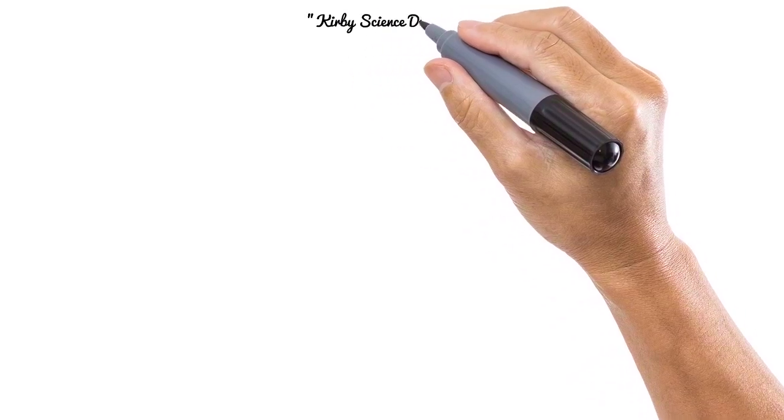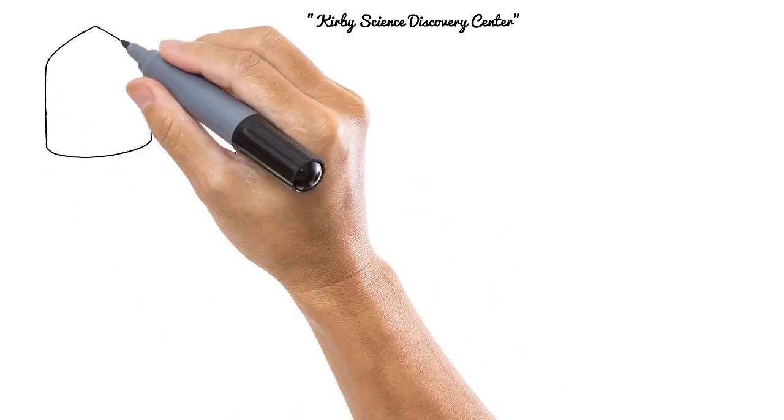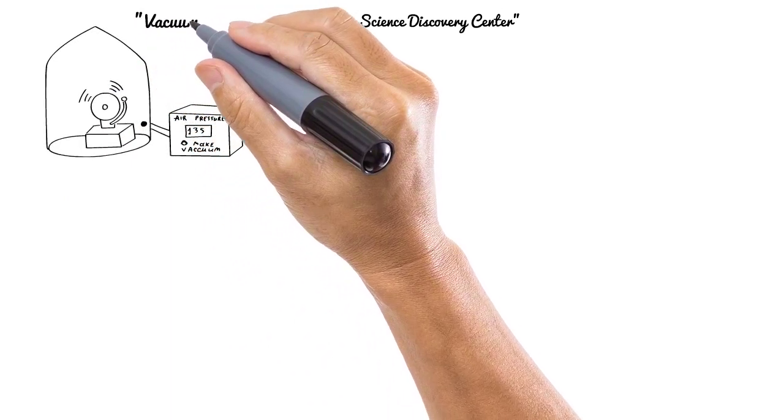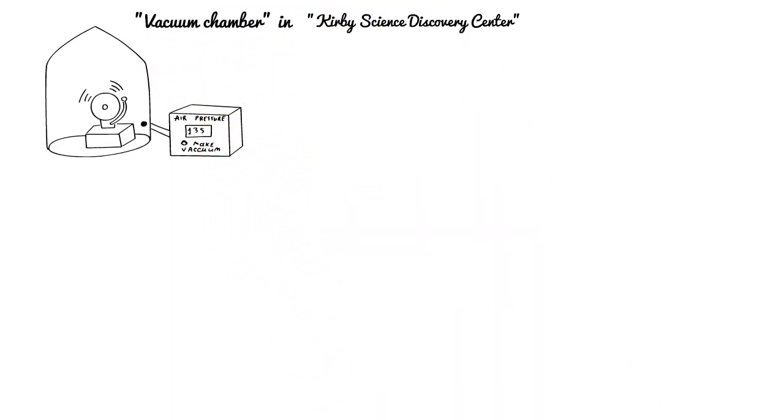In June 2017, I visited Kirby Science Discovery Center in Sioux Falls, South Dakota. There were a lot of very interesting showpieces presented. One simple but very effective masterpiece magnetized my attention. It was a vacuum chamber to demonstrate experiments with sound and wind in a vacuum. It was an airtight glass bulb with the possibility to take air out of it to drop the air pressure significantly.